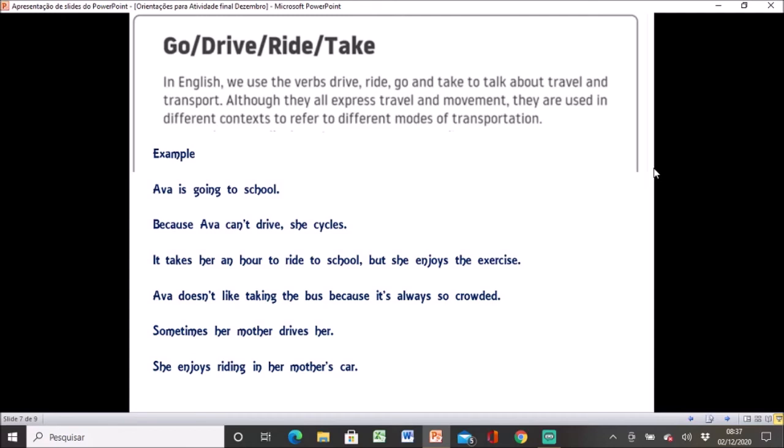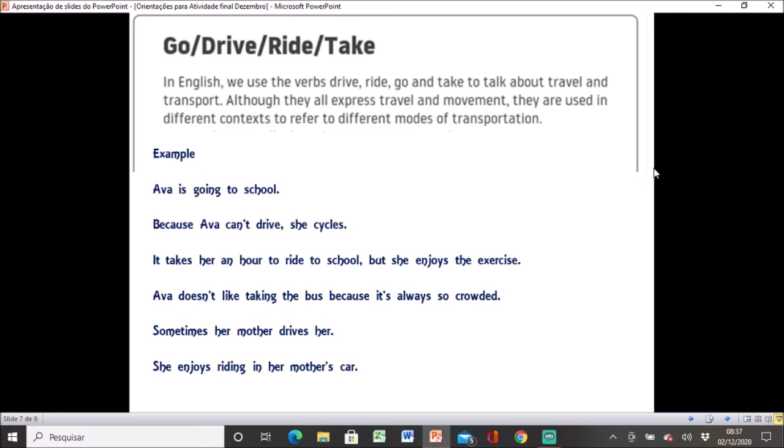Although they all express travel and movement, they are used in different contexts to refer to different modes of transportation. Example: Ava is going to school. Because Ava can't drive, she cycles. It takes her an hour to ride to school, but she enjoys the exercise.